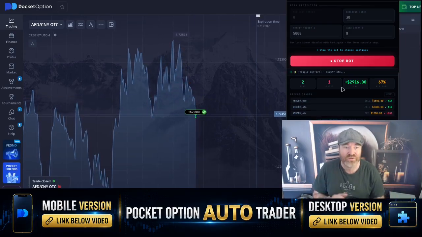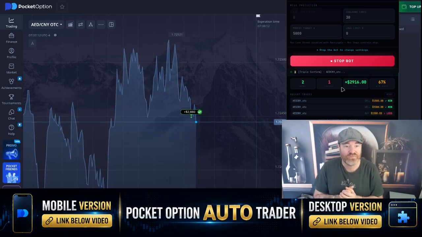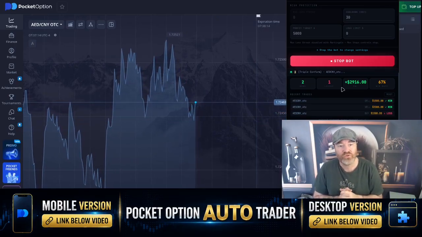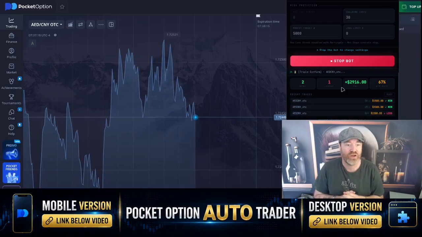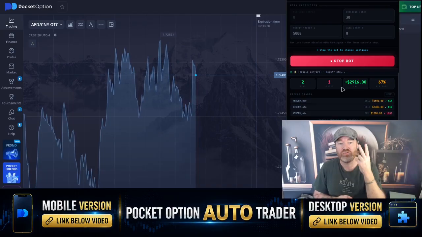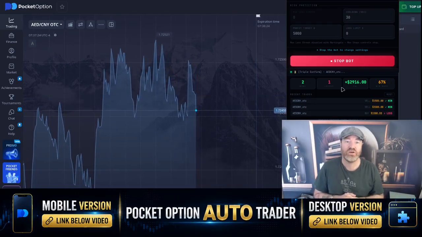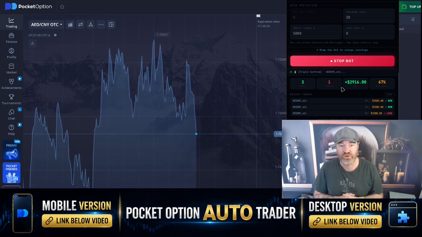So we got a win here now. So you can see we now have a 67% win rate. Amazing. 2 wins, 1 loss. I'm happy with that. 2,916. That means we will need 2 more trades. If we get 2 winners, 2 more trades, and we are done. Then we have reached our profit target.